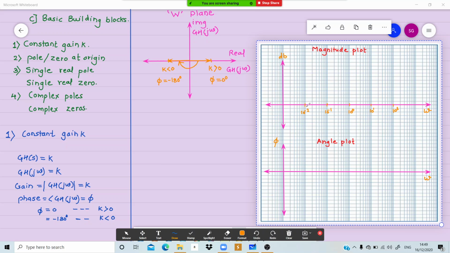Now, where to fix this axis depends upon your system, that is, what the frequency of your system normally is. It depends upon the cutoff frequency of your system, also called the breakdown frequency. The breakdown frequency or cutoff frequency tells you that after this frequency the system gain will be very less. So definitely you are not going to allow that frequency from the input side to your system.